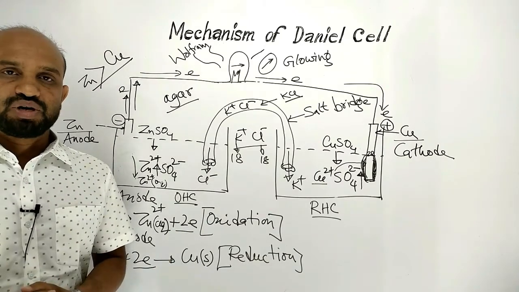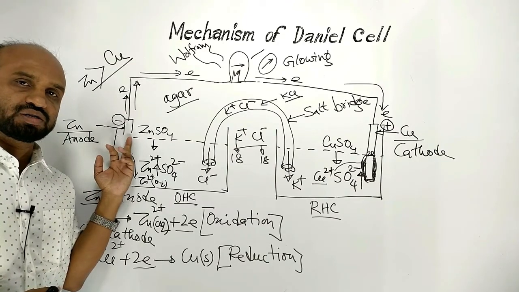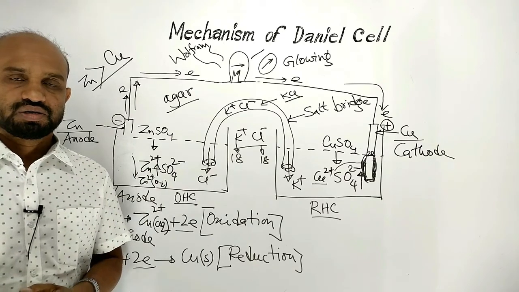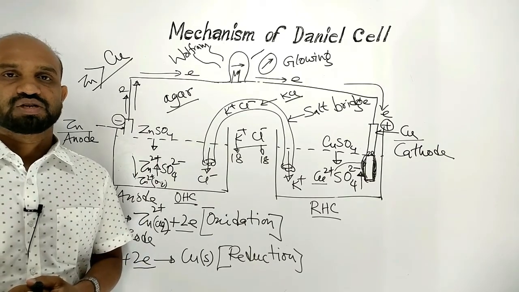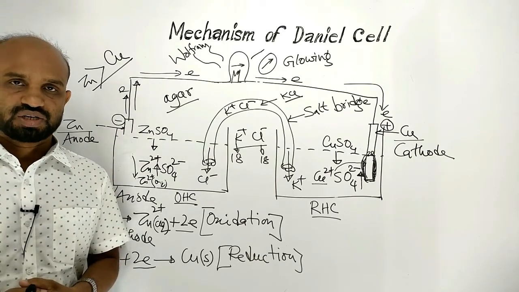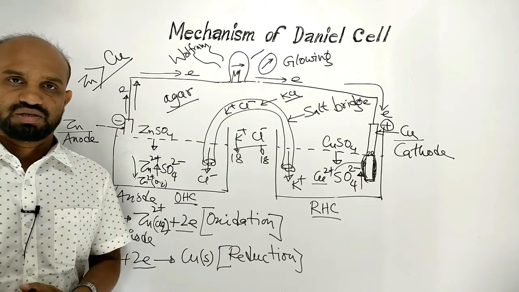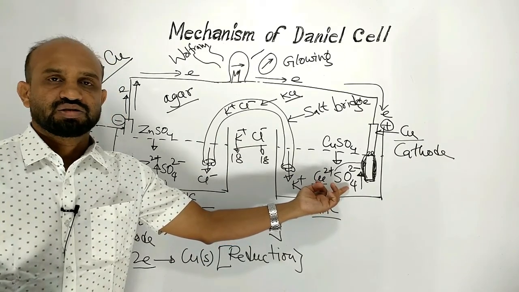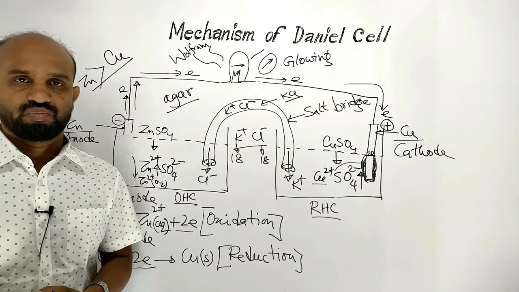The important point is here: when the zinc bar is dipped in zinc sulfate solution, then oxidation of zinc atom happens spontaneously. This reaction happens spontaneously, that is why we can produce electricity. Here this reaction doesn't happen because zinc is more reactive than copper.